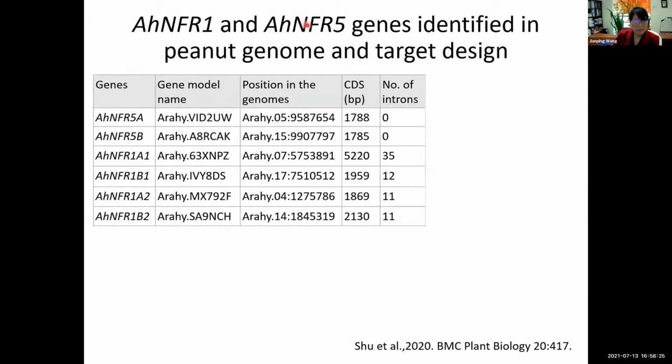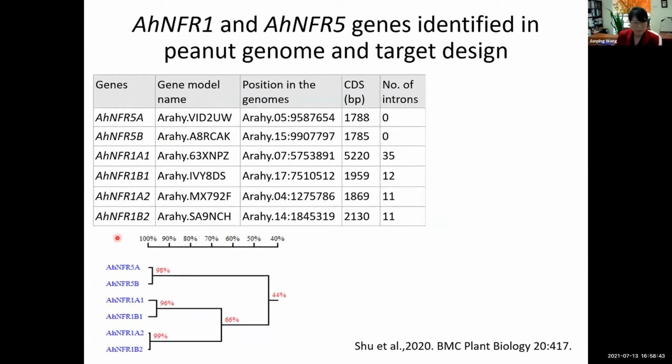For those two genes in peanut, we identified three homologous pairs. One is NFR5, with each copy on the subgenomes, and we identified 2 pairs of NFR1 genes.